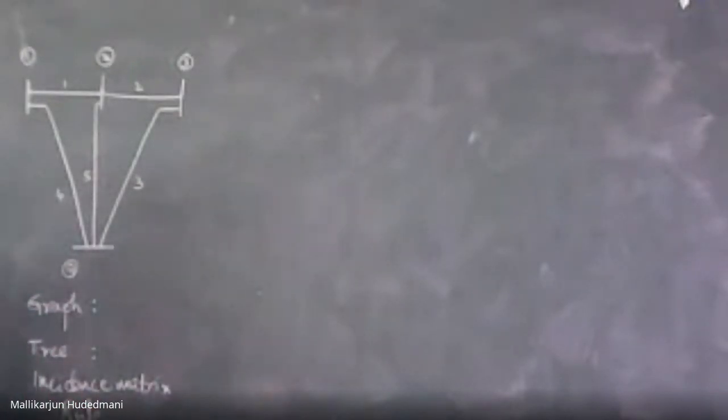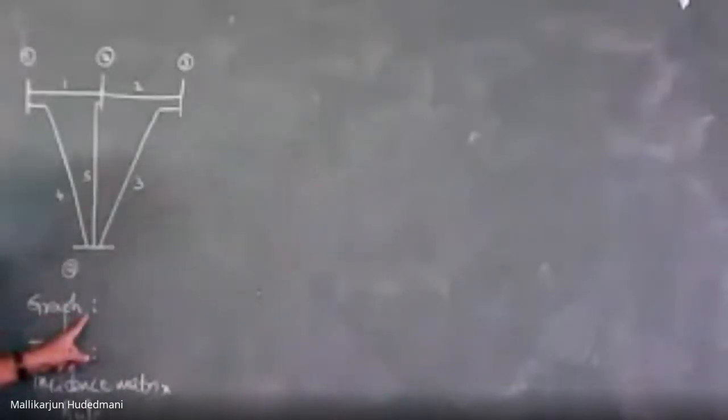If you are familiar with network analysis or electric circuit theory, you might have come across this network topology chapter. A graph, by definition, is the graphical representation of the electrical network with line segments connected to buses.